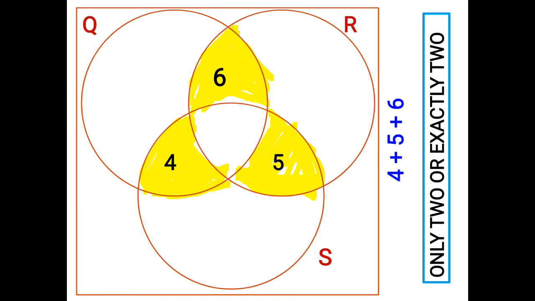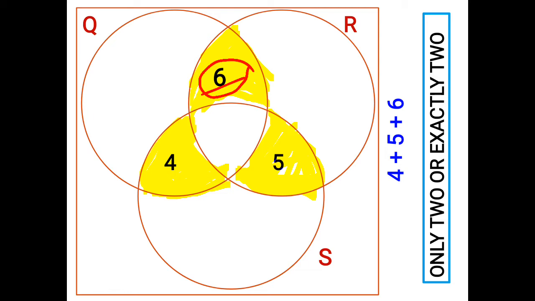Then we have this side too. We already saw in the previous lesson, or the first lesson, that region 6 is known as Q intersection R intersection S complement, meaning region 6 means Q and R only, or both Q and R. So how many letters are we using? 2.